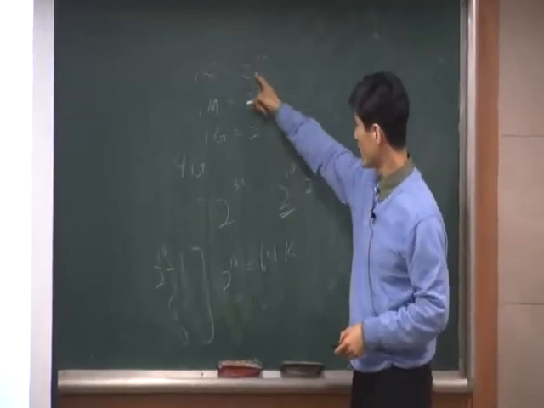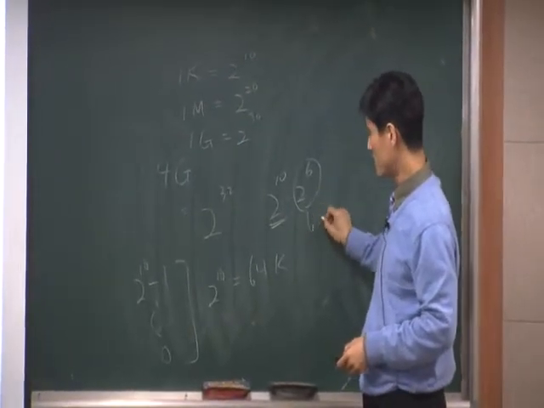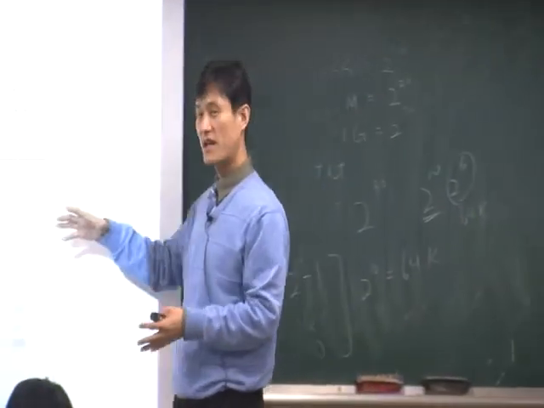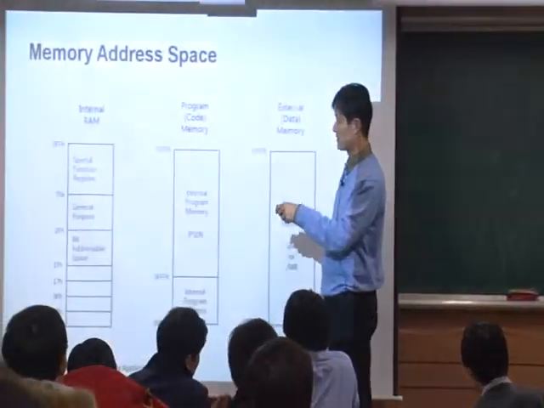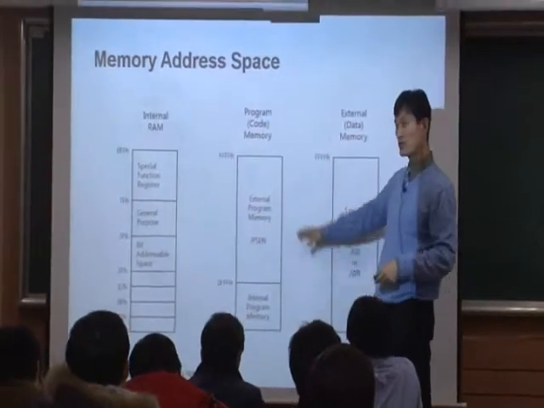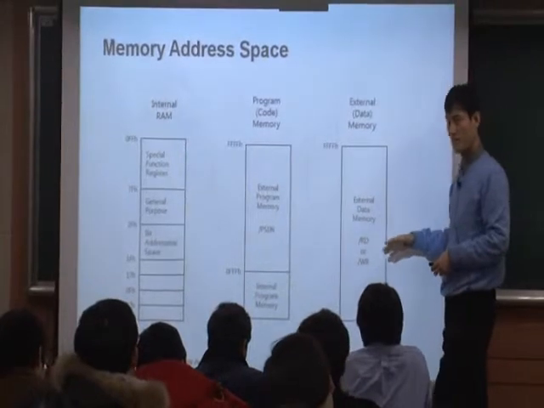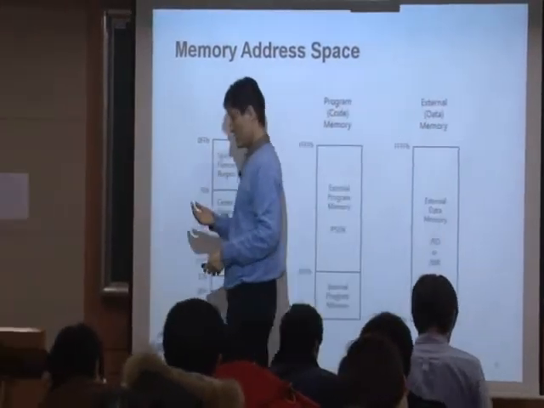This is 1K. This is 64. So 64K is the total size of your address space. We have an address space of 64K, right? 64K.